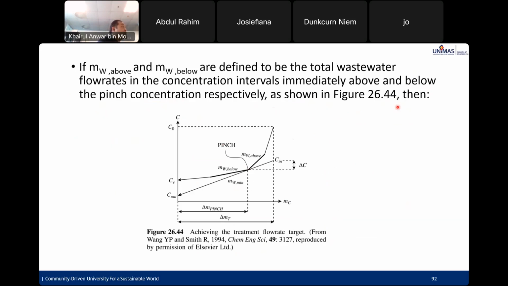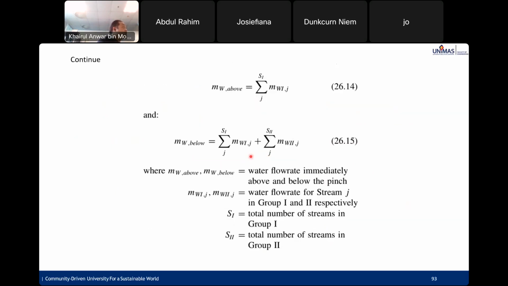Continue, as shown in figure 26.44. Then MW above is equal to the summation of the water flow rate for stream J in group 1, and MW below is equal to the water flow rate for stream J in group 1 plus the water flow rate for stream J in group 2.